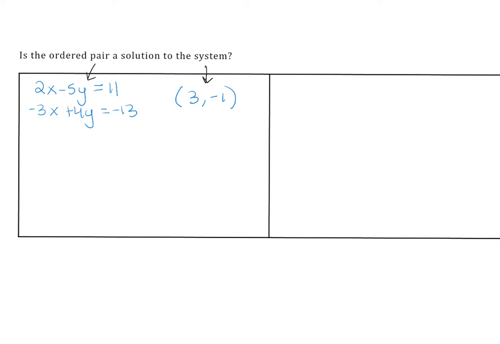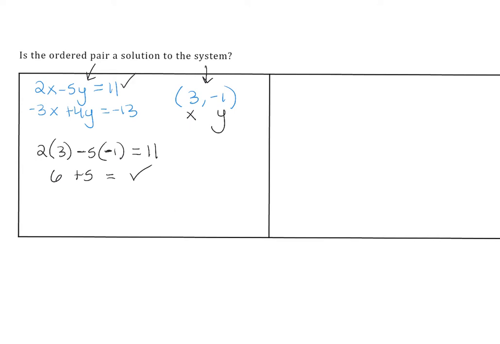All you have to do is plug in your x and y into both functions and see if you get a true statement. So for the first one, 2 times x, which is 3, minus 5 times y, and y is negative 1. Testing, does that equal 11? Well, this is 6, and then the double negatives would be plus 5, so 6 plus 5 equals 11. So it works for the first one.